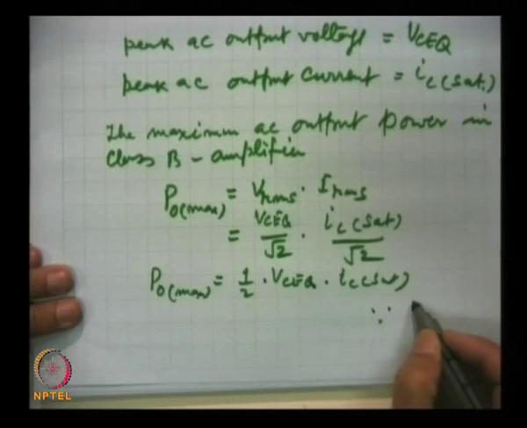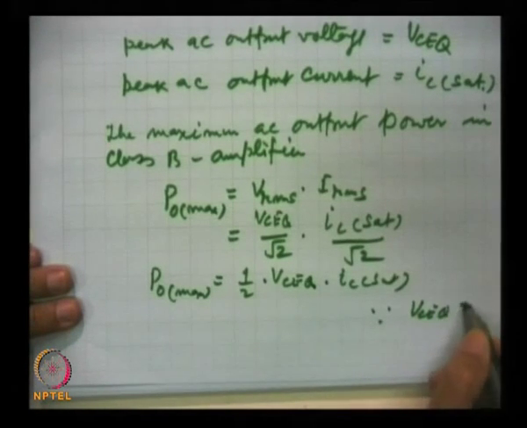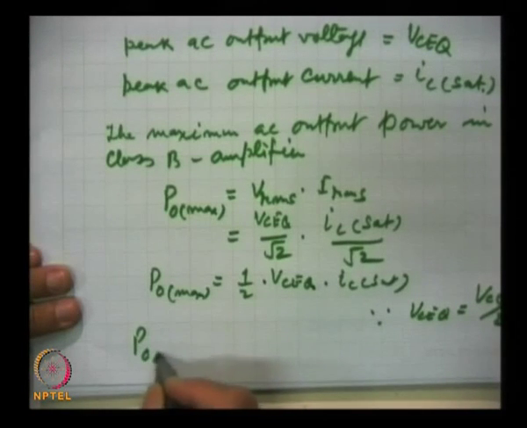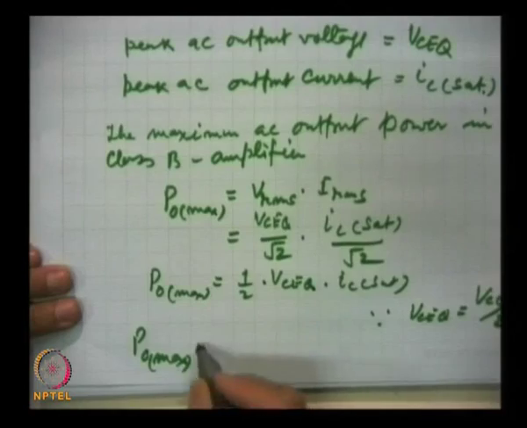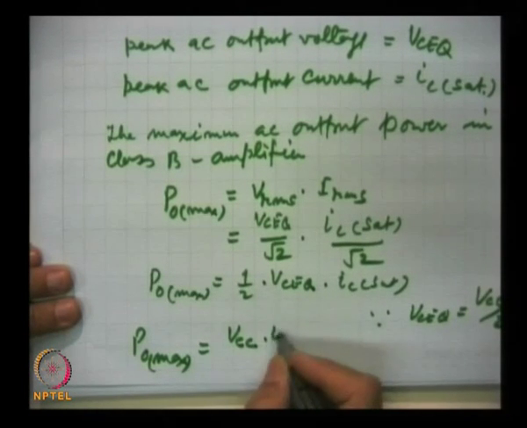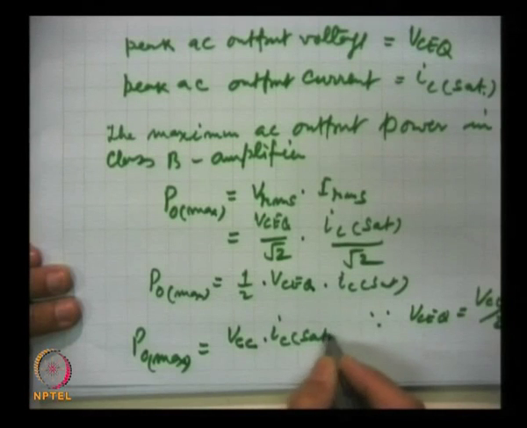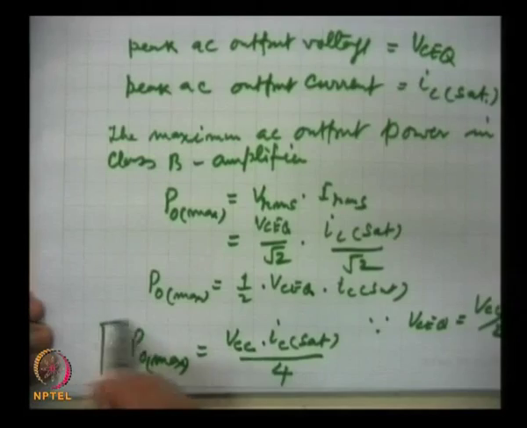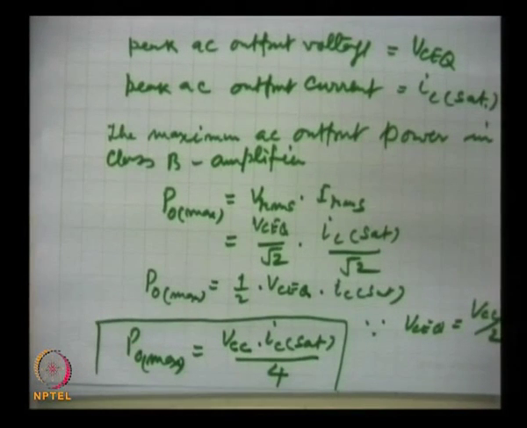Since VCEQ is VCC by 2, PO max is equal to VCC into IC set by 4. This is an important relation.